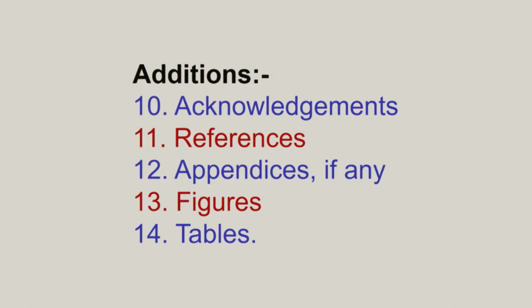Now, there may be additions to this basic structure, which include, for example, acknowledgements, who funded the research or who helped with it, or did any colleagues read an early draft of it and make comments on that? And they perhaps should be acknowledged in a very short section that comes after the conclusions. We then move to the list of citations, the references, so anything referred to in the text will be then listed in the references, which will be complete and full.